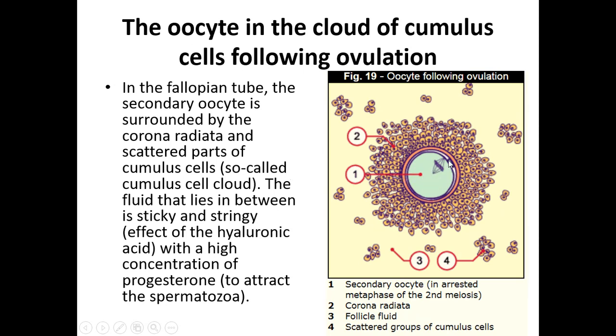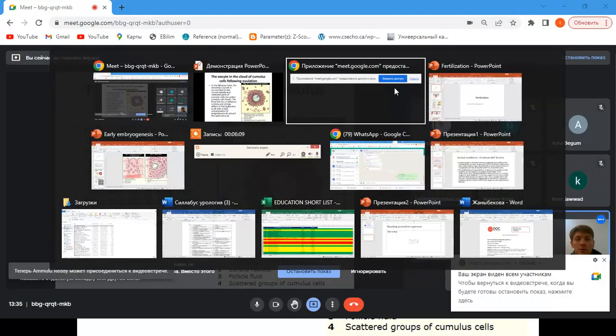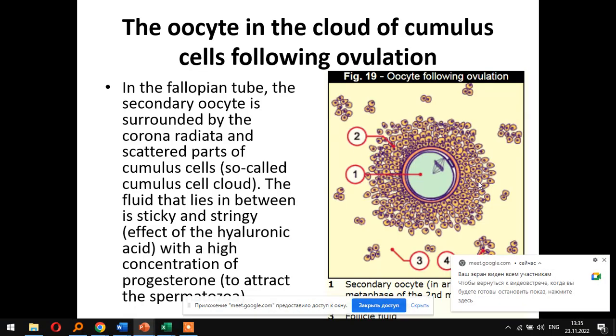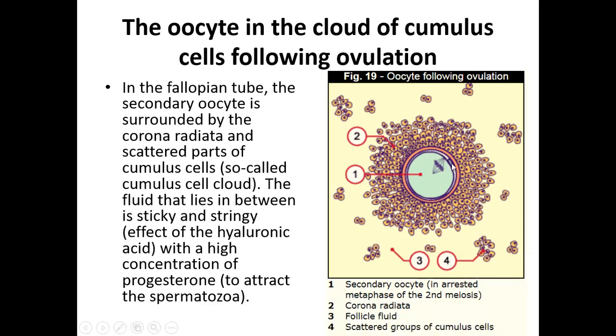Okay, and I have to remind you that around the secondary oocyte and the first polar body, which is present here, we have the zona pellucida. The zona pellucida is a structure made with hyaluronic acid, which is hardened, and by density it resembles cartilage.